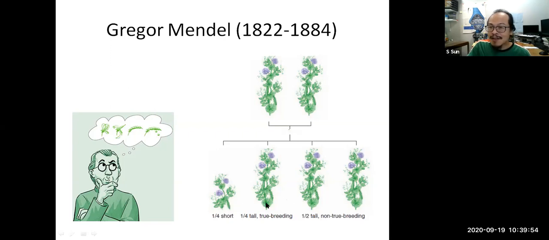A different phenotype must refer to a different gene, right? If it's coming from the gene, it's short because it got a short gene. How can your parents be all tall, but you are short? How can you explain that? So that's the transition from the phenotype to the genotype.